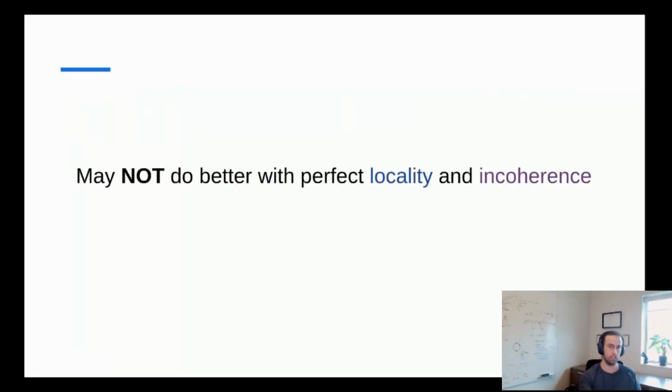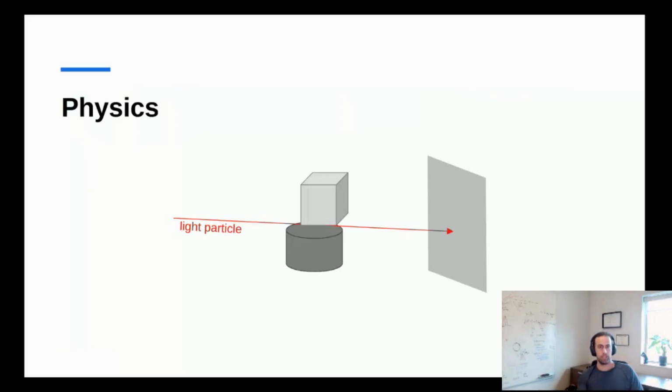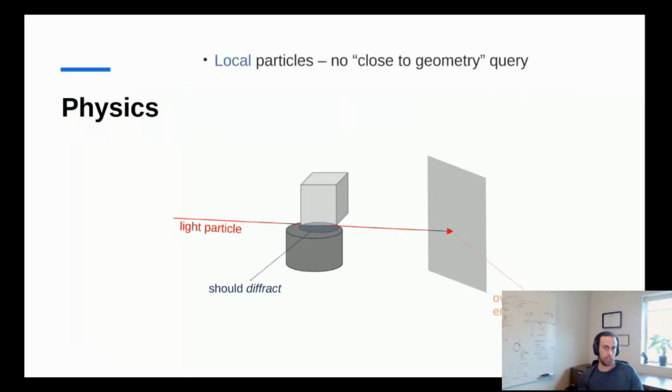So to illustrate, let's consider a light particle, a ray of light, passing through a narrow geometric opening. We know from basic physics that part of the total energy that would pass through that opening would need to diffract, meaning bend into shadowed regions. But with local particles, there is no oracle that can tell us that part of the energy carried and traced by this particle should have interacted with nearby geometry.